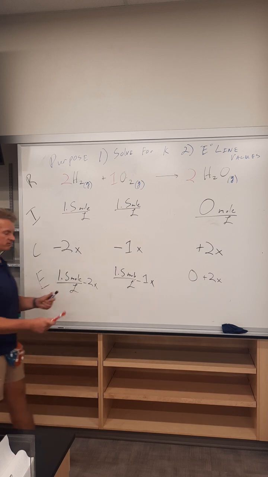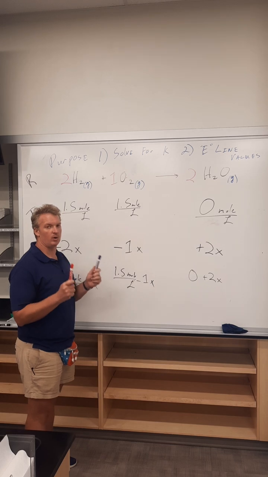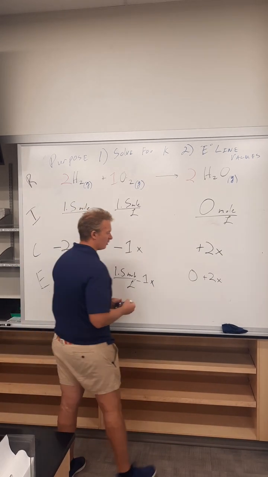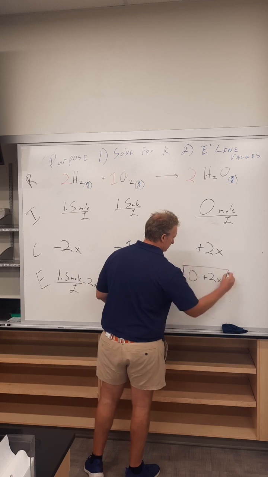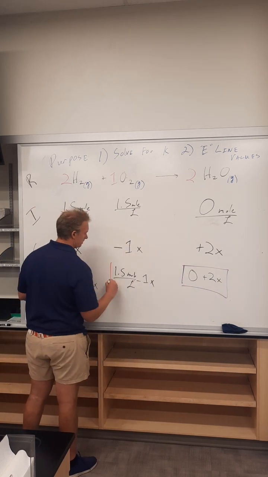I'm going to use some colored boxes, and the colors are helping you to remember what is a product and what is a reactant. Products I'll box in purple, and reactants I'll box in red.